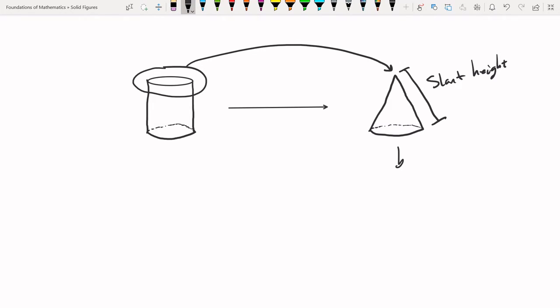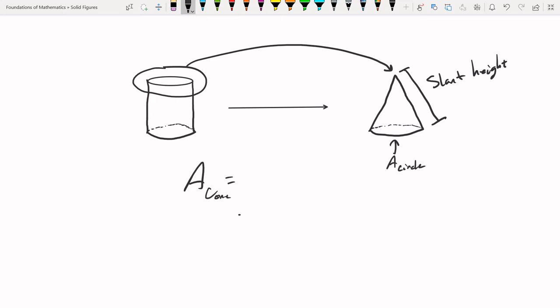But what we can do is we know some of the formulas for these things without having to do a lot of other work. So the surface area of a cone is going to be the bottom area of the circle. So the area of this circle here.